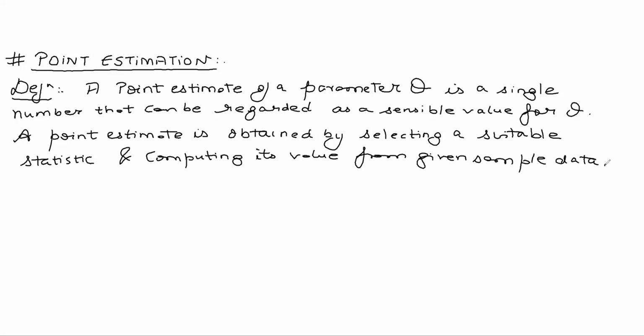So in order to obtain a point estimate, first of all, we will be selecting a suitable statistic. Always remember that a statistic is selected from the sample, and that statistic is used to estimate the population parameter theta. And one particular value of that statistic is called a point estimate.